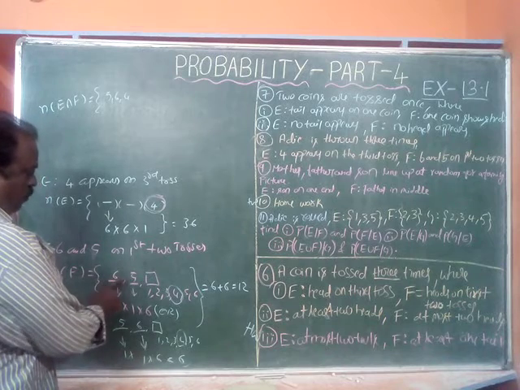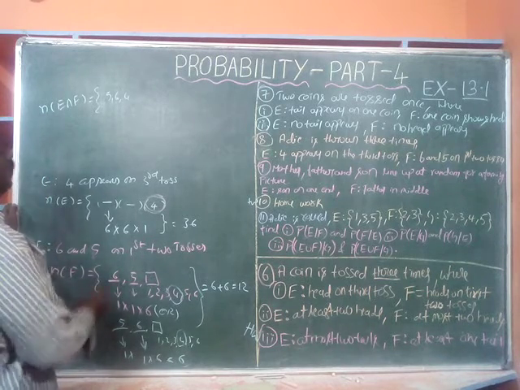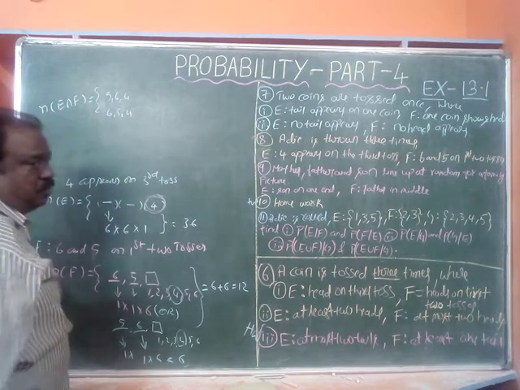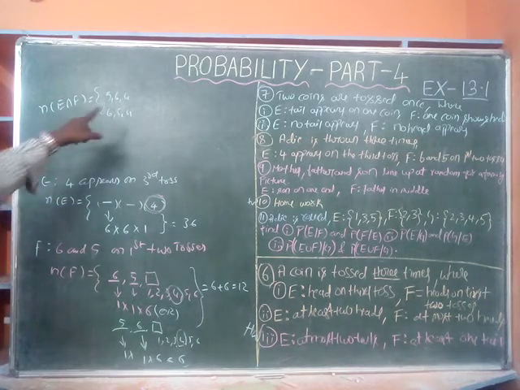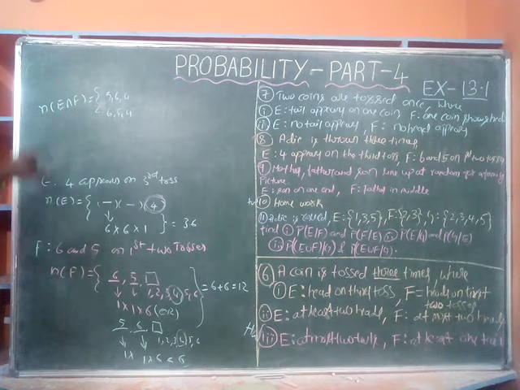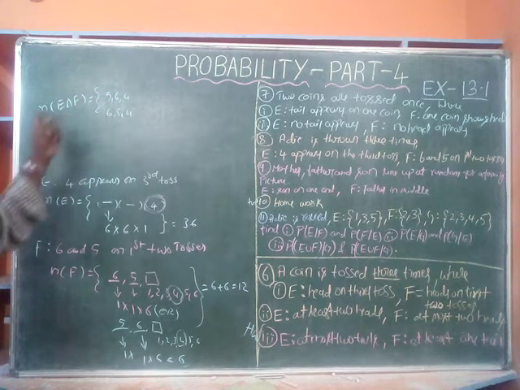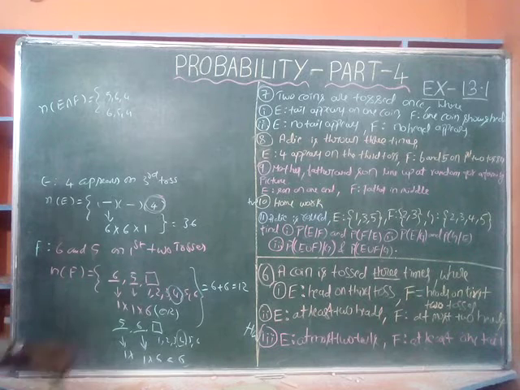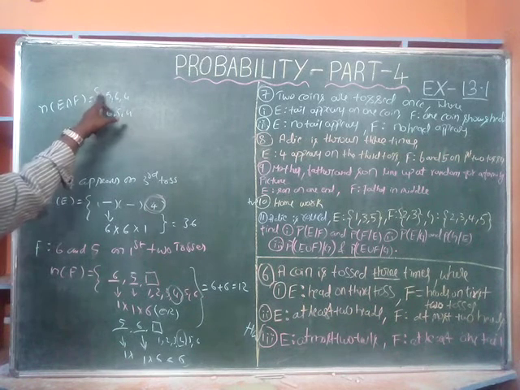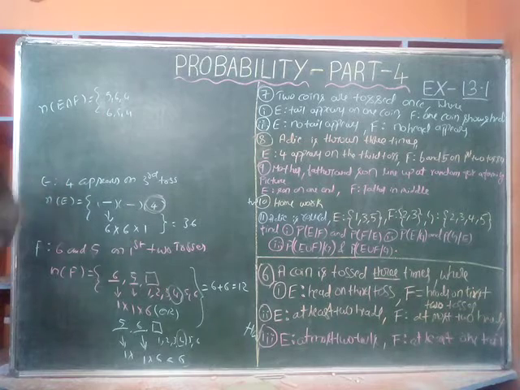But here 5, 6, this is important. 6, 5, 4. Do you agree? This event, this favorable case, is related with E as well as F. Because for F, 6 and 5 must be covered in the first and second tosses.